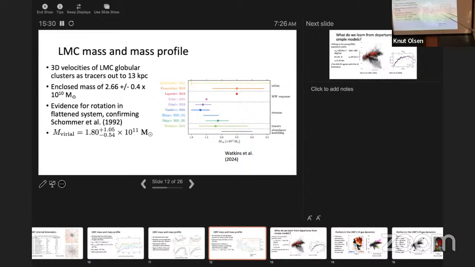Using 3D velocities of globular clusters out to 13 kiloparsecs or so, you get an enclosed mass of a few times 10 to the 10th. There's evidence that this is a flattened, disk-like system of globular clusters, as Schommer found many years ago. And again, a virial mass of 1 or 2 times 10 to the 11th solar masses, confirming that the LMC is quite massive.